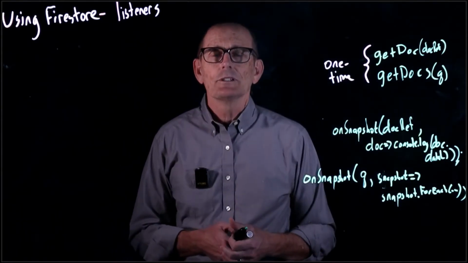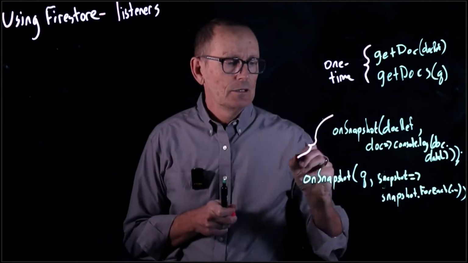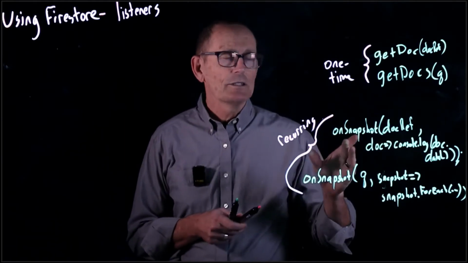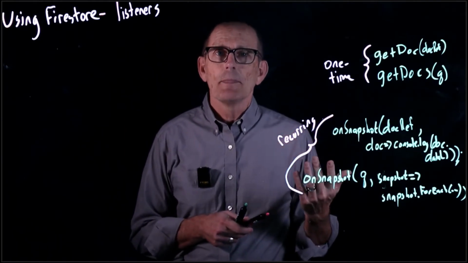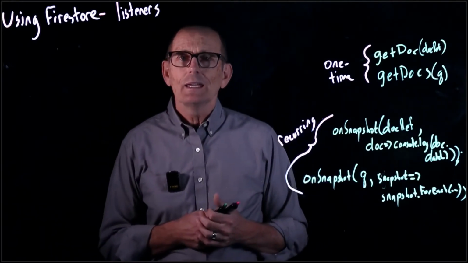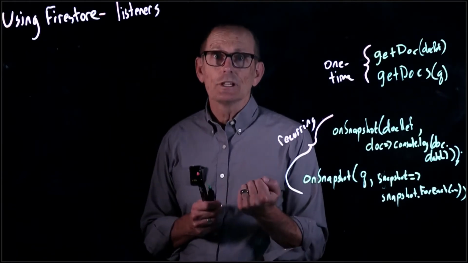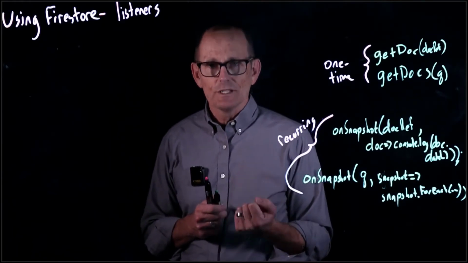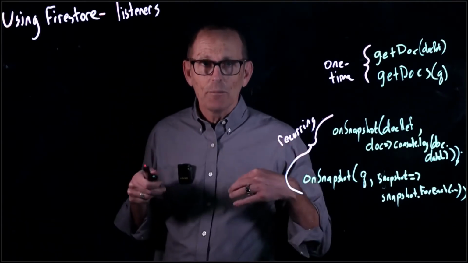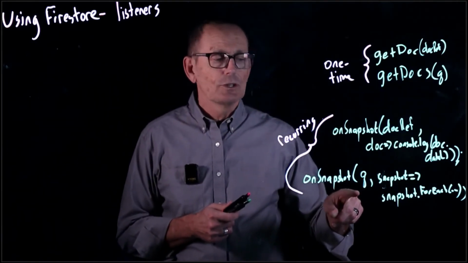This is how you're normally going to be using Firestore, is with these recurring listener cases. You're going to set up probably a snapshot on your main collection, and then it'll just get called whenever anything changes. In fact, the way you're going to normally make changes to documents is you'll use either updateDoc or setDoc, and then just rely on the fact that even if you make the change in your application, your snapshot listener is still going to get called.